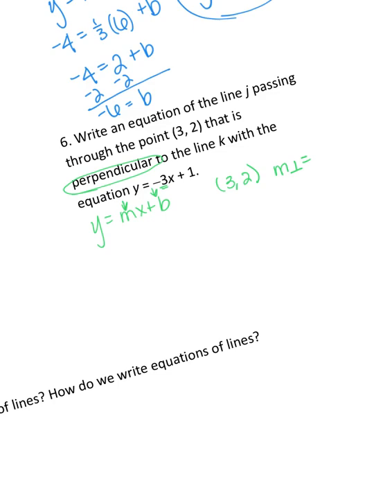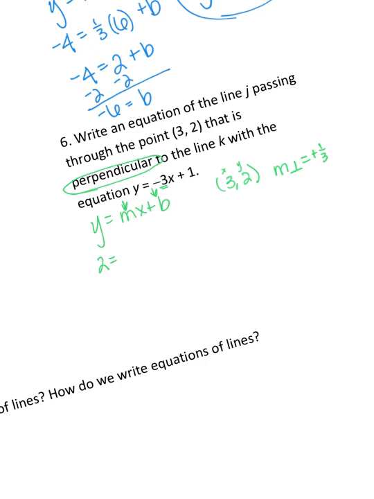So the opposite of negative is positive, and the reciprocal of 3 is 1/3 when we flip it. So our slope of our perpendicular line is 1/3. We're going to substitute in x, y, and m to solve for b. So we've got y equals 2.